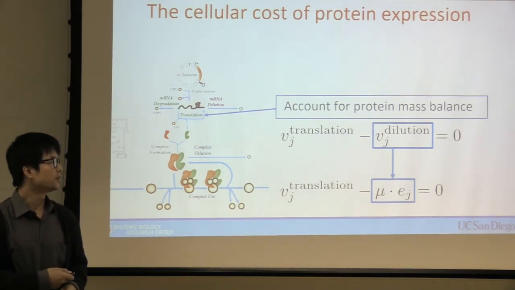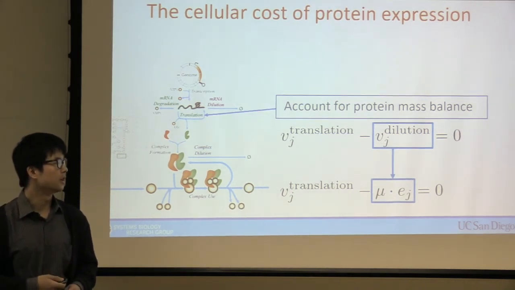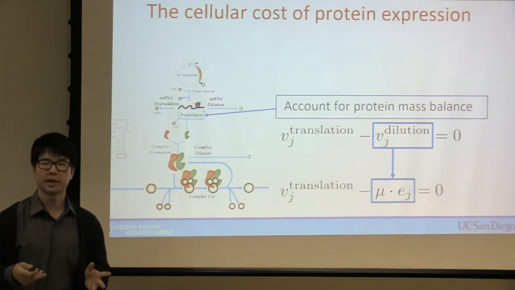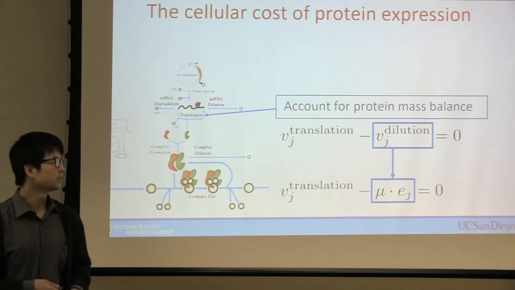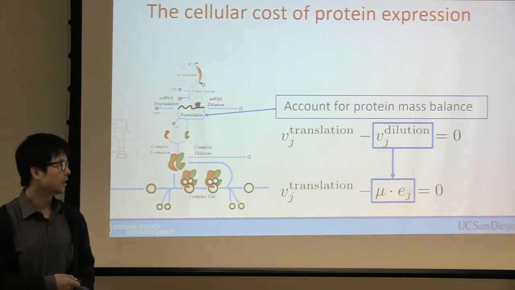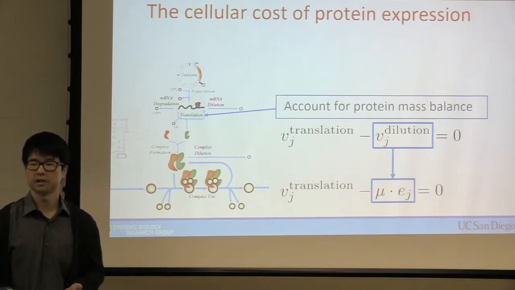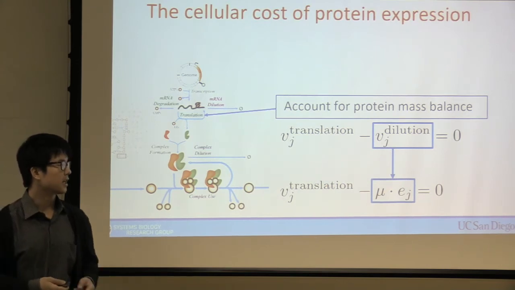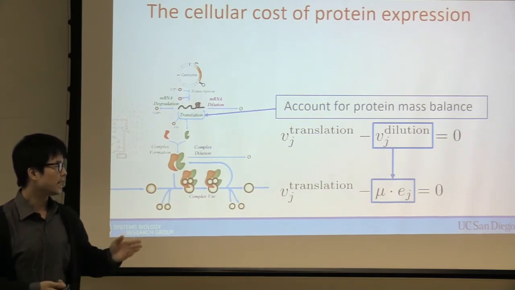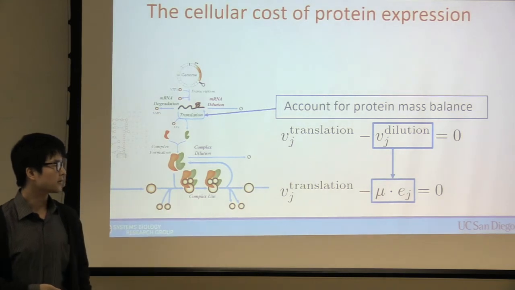Dilution is going to be essentially the sole source of consumption of a protein. There can also be protein degradation, but let's not consider that for now. And dilution is simply the growth rate multiplied by the concentration of the enzyme. So now we have growth rate times the enzyme concentration, and we have a new flux for translation.